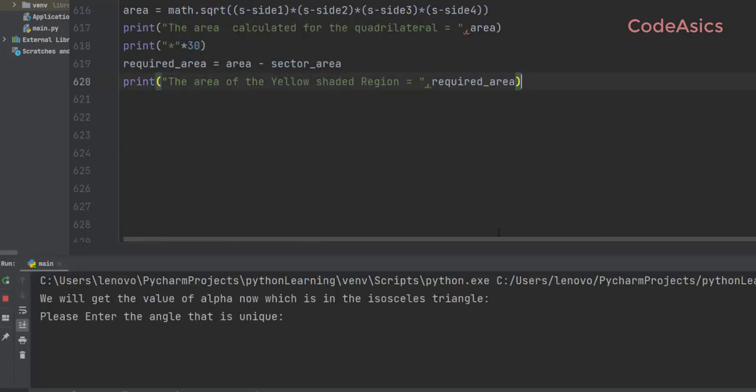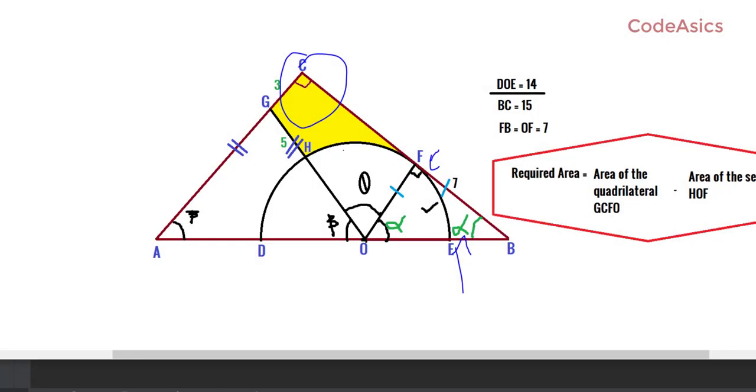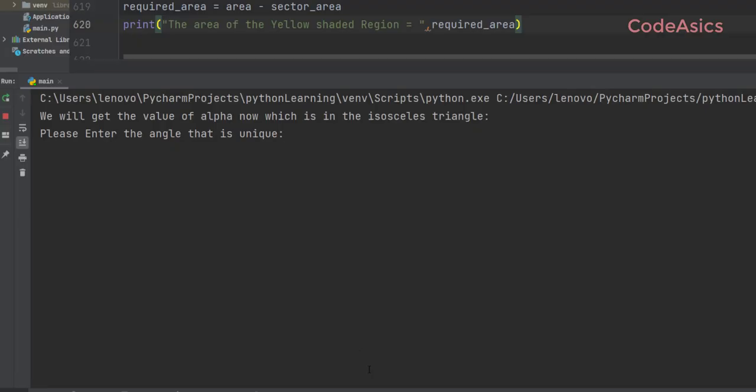If there are any issues, we will have to come back. So let's see. We will get the value of alpha now, which is in the isosceles triangle. Please enter the angle that is unique. In this case, we are looking at this angle at F, and I know that is 90 degrees because from the figure it's visible. So we will enter that angle as 90.